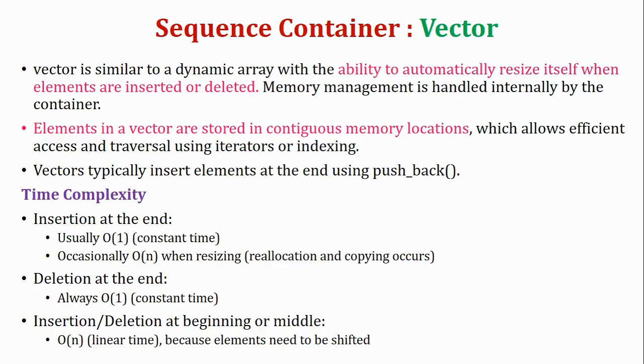The vector typically inserts the element at the end using the push_back function. What is the time complexity for inserting and deleting elements? While inserting and deleting an element at the end, the time is constant. But for insertion and deletion at the beginning or middle, the time is linear because the elements need to be shifted.